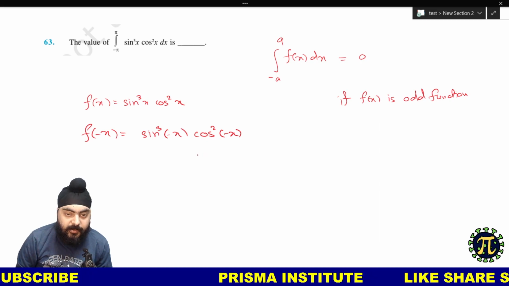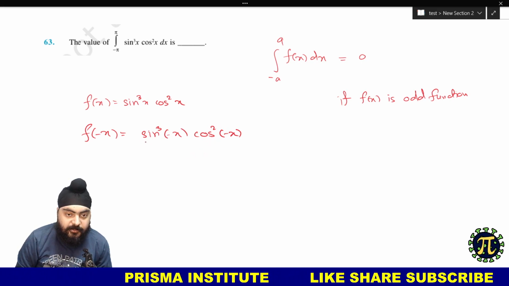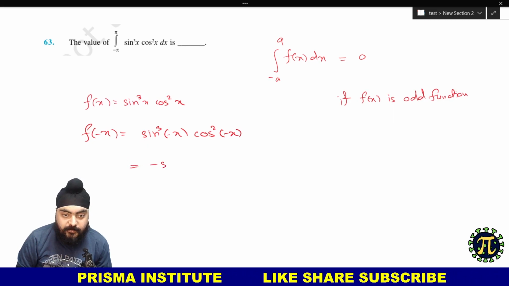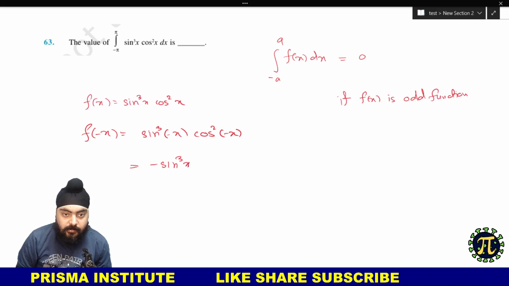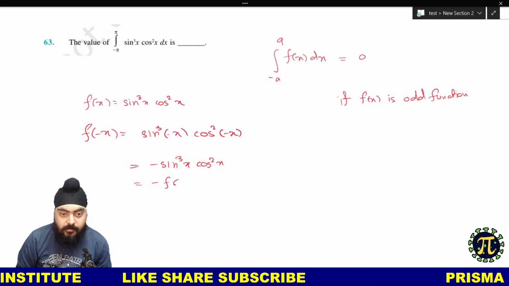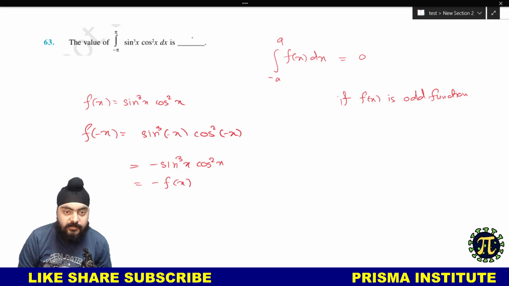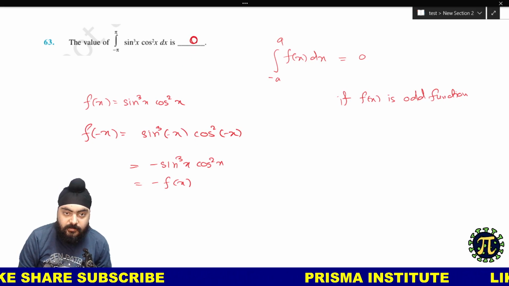So cos of minus theta is cos theta, so this will remain here, and from this the minus goes outside, and since it is cube, it will go outside. This is minus sin cube x into cos square x, which is minus of f(x). So this function is an odd function, right? And the result for this question is 0.